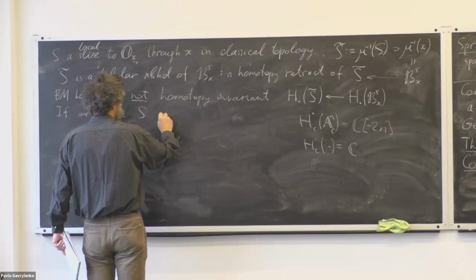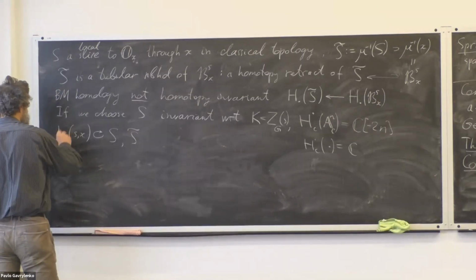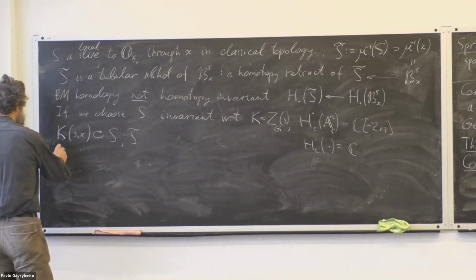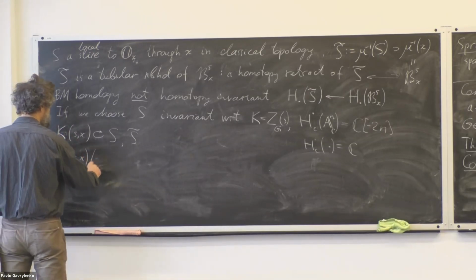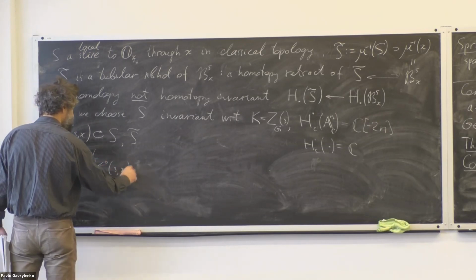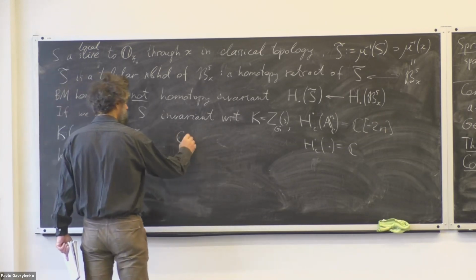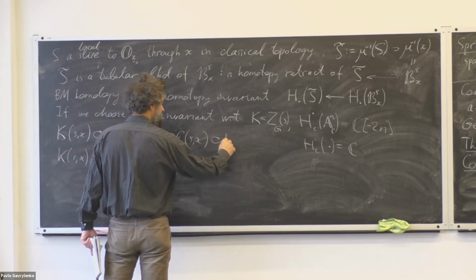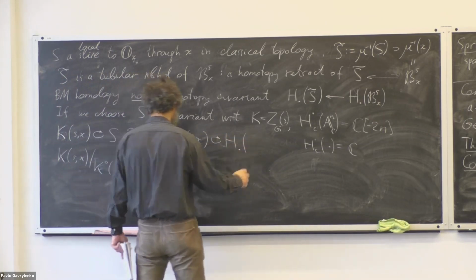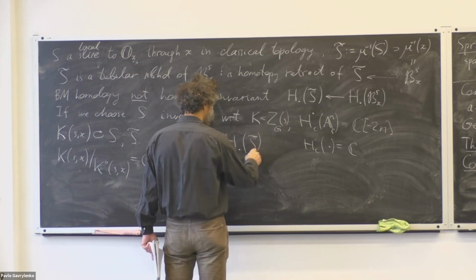So for this reason, then the component group CSX will act on this slice and on its maybe G of SX. Maybe K of SX will act on this slice, but K of SX modulo K naught of SX is the same component group. And so this component group will act on the Borel-Moore homology of S tilde.